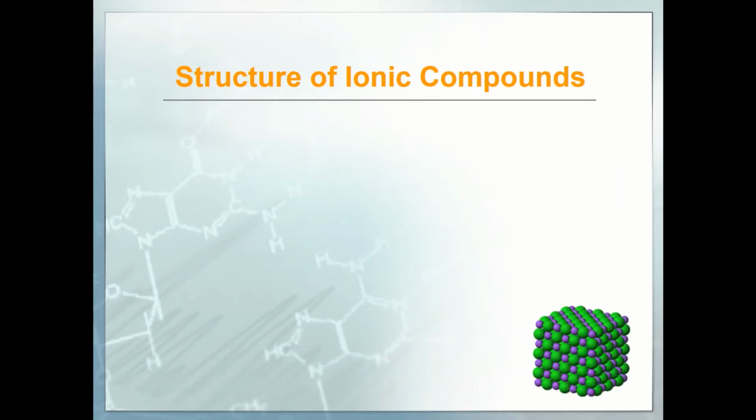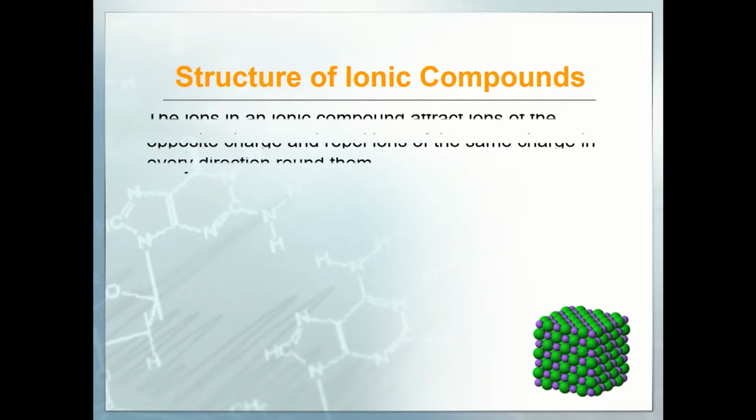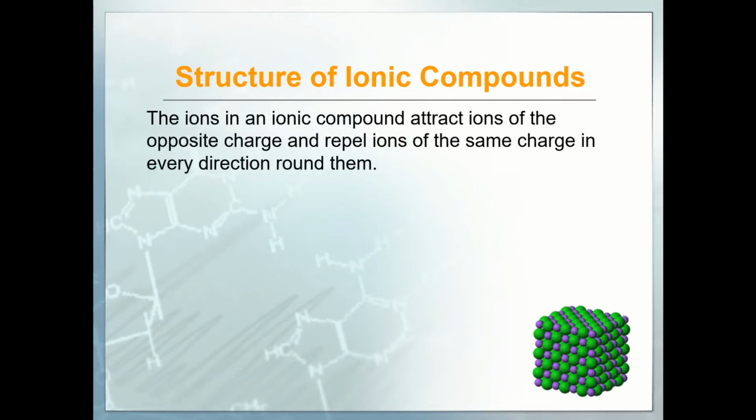Now, let's go on to the structure of ionic compounds. Just now we talked about the metallic structure, which is a giant metallic lattice. Because the ions in an ionic compound are of opposite charge, they will repel ions of the same charge in every direction.